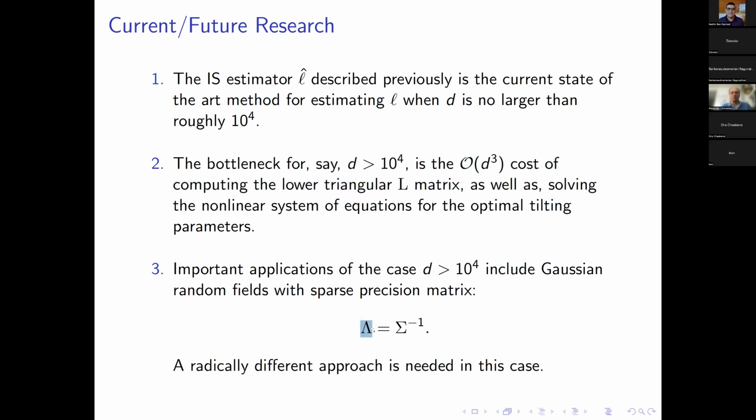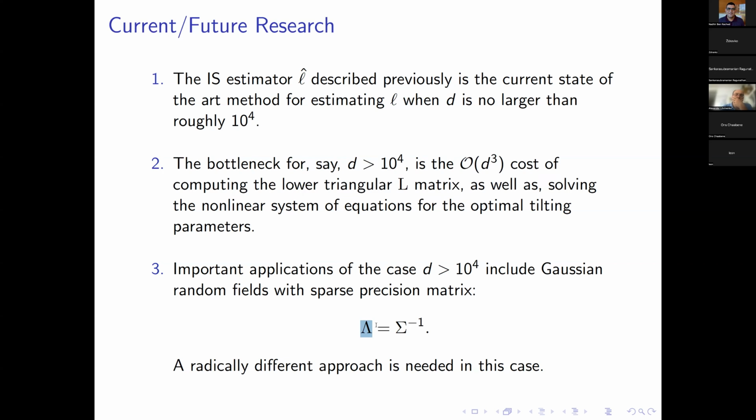So in what I propose, we're going to assume that this matrix L has special structure which makes matrix vector multiplications very fast. This could be the case when lambda, the precision matrix, is sparse, or it could be the case where the matrix is structured.